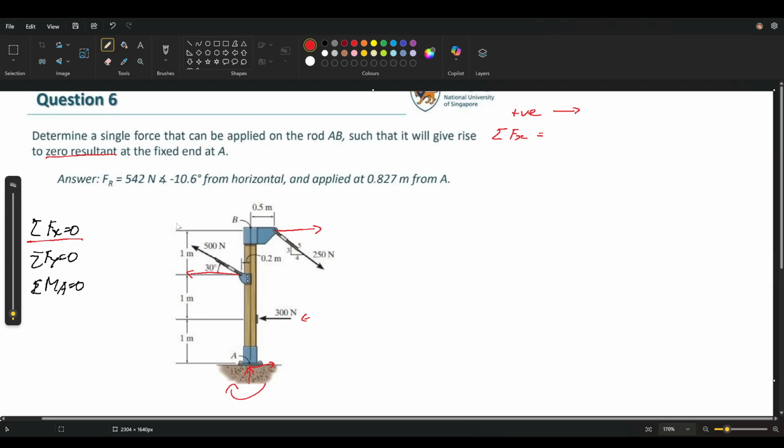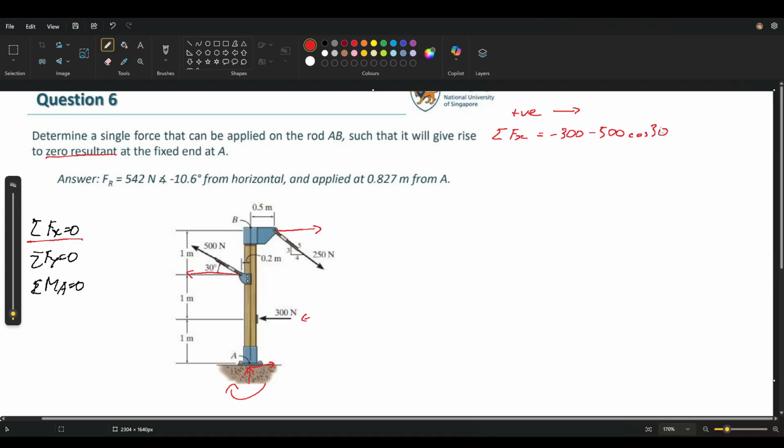So let's just go from bottom up. At the bottom we have 300 in the left direction, so in this case it's minus 300. Next one is also in the left direction, so let's make it a minus. We have 500, but remember this 500 is slanted, so we need to change it so that it is along the x-axis, which is basically 500 cosine 30.